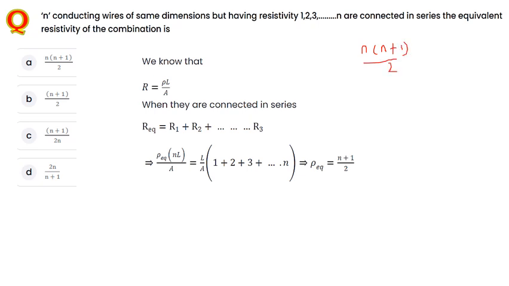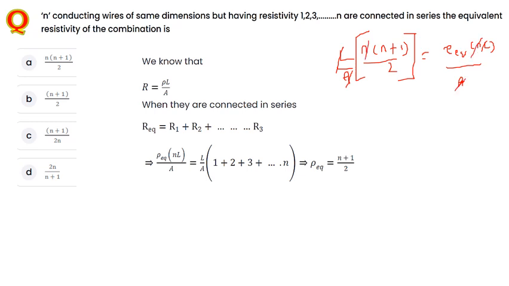Already you know this: the equivalent is rho equivalent into nl divided by A, and this is n into n plus 1 by 2 times l by A. The l and A will be cancelled, and n will be cancelled here.